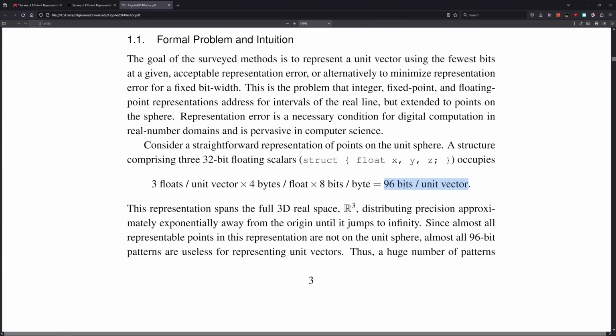So our baseline, our straightforward representation, is 96 bits for a vector.